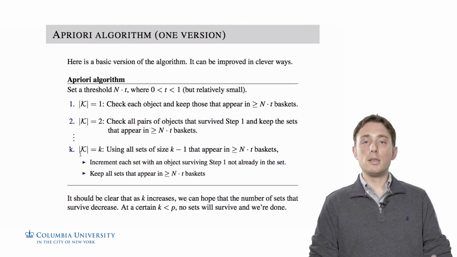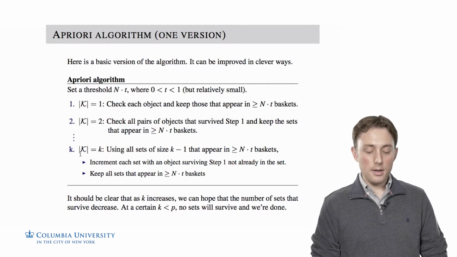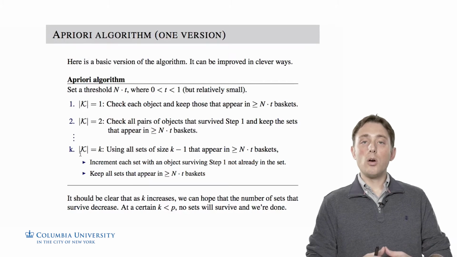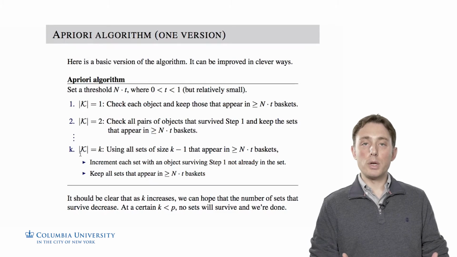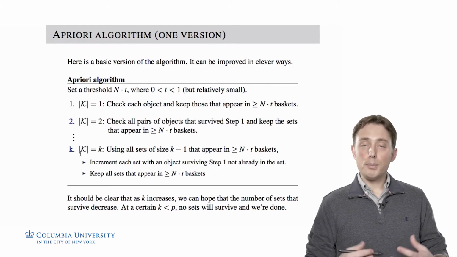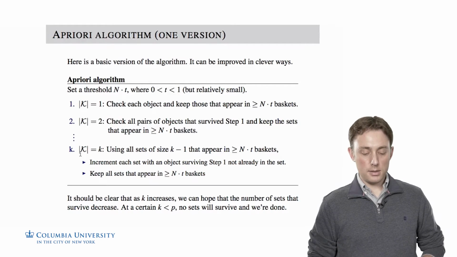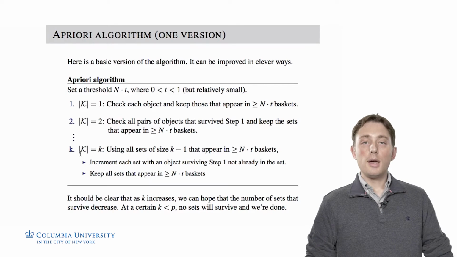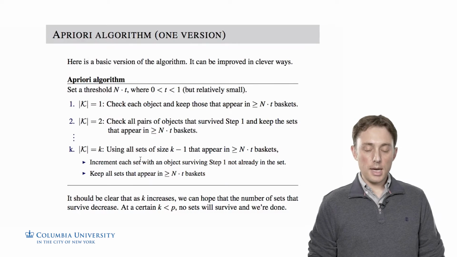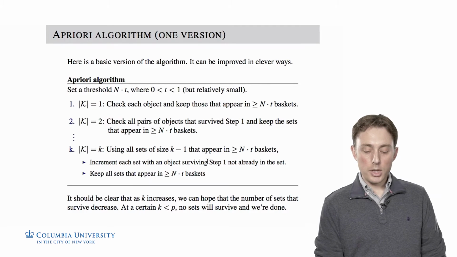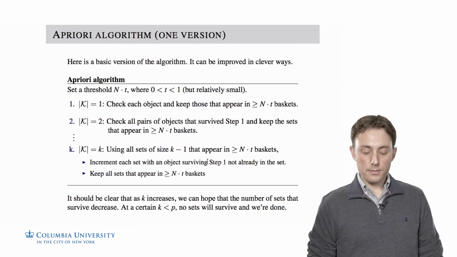For example, once we get to subsets of size k, we take all subsets of size k minus 1 that passed the threshold, that appear in more than n times t baskets, and then we add a new object by incrementing each of those sets of size k minus 1 with an object that survives step 1, but is not already in the set, to make a set of size k.